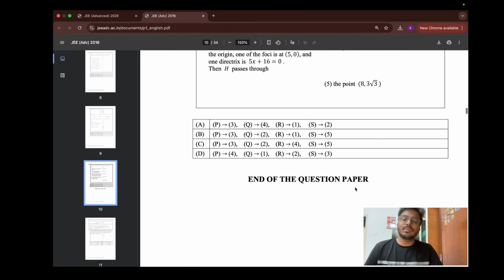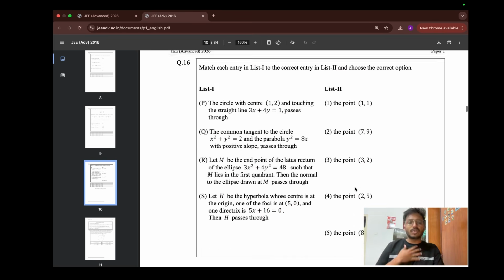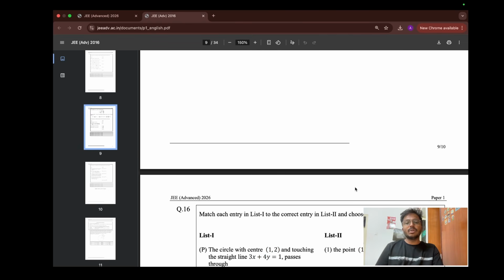So overall it is a very easy question paper except for few questions. I would say the entire question paper is in the easy to moderate range, and candidates who have prepared well, who are good with basics, and who have revised everything well, will be able to do really well in this particular exam, given that the negative marking is also very less in the multiple correct answer type questions, and also a lot of familiar concepts, lot of standard questions from the book, and there's nothing out of the book here.